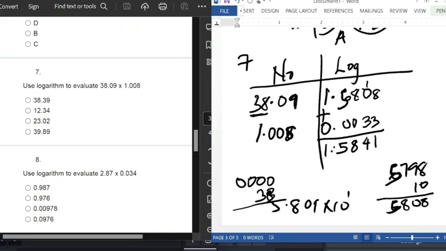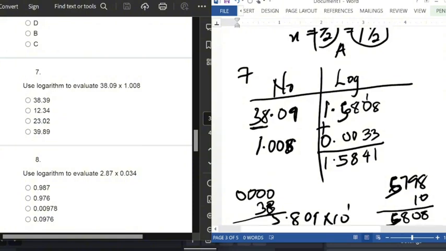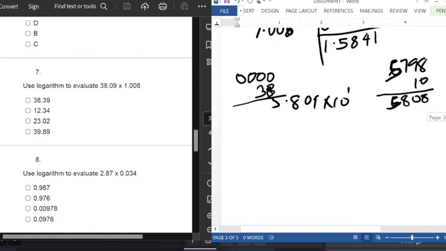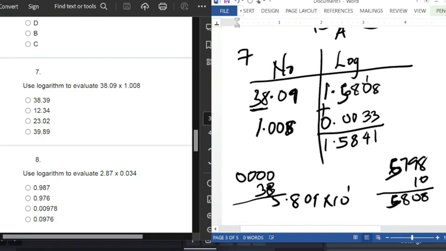And that gives us 38, 37. Difference of 1. So difference of 1 under antilog of 58 is 1. So we add 1 to this one.